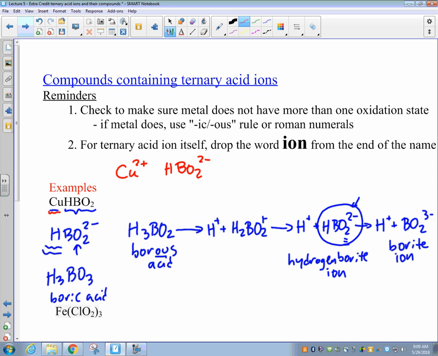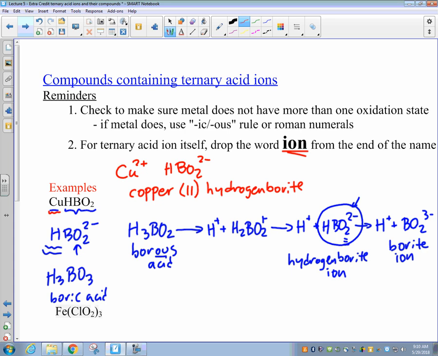So we can now name according to our conventions. This is either copper, parentheses, Roman numeral 2, to name the oxidation state, and then the name of our ternary acid ion is the hydrogen borite ion. So we're going to drop that suffix ion from the name. This is therefore copper(II) hydrogen borite.